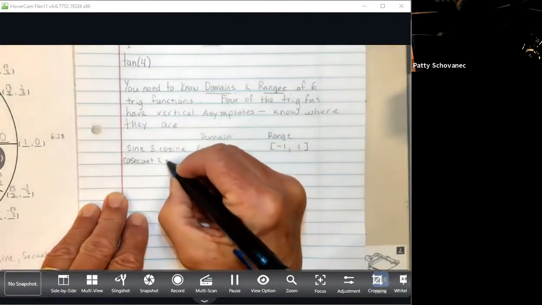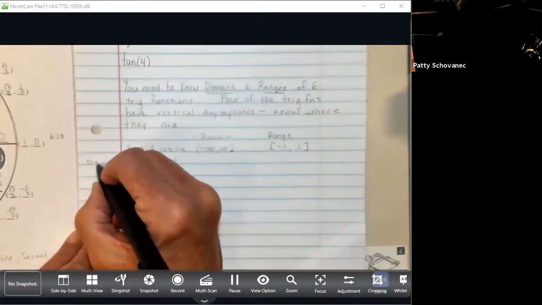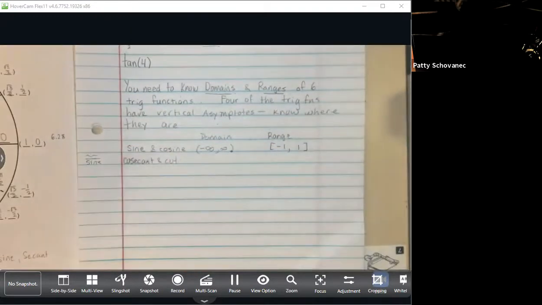Cosecant and cotangent have a sine in the denominator. Right? So I have some places where this fraction involves dividing by 0, which is the big no in arithmetic, right? Can't divide by 0. So geometrically, those show up as asymptotes. Those are numbers that are not going to be in the domain of these functions.